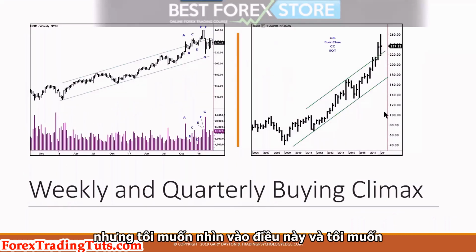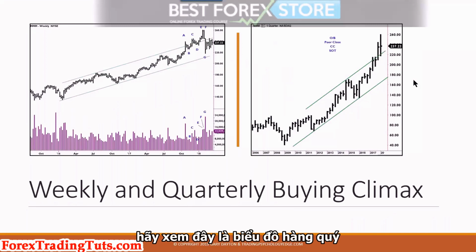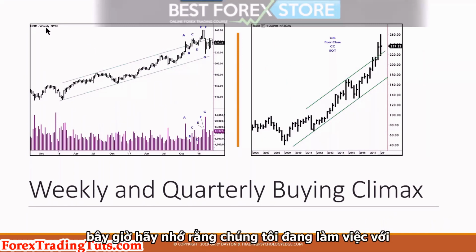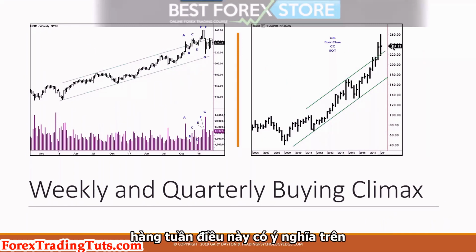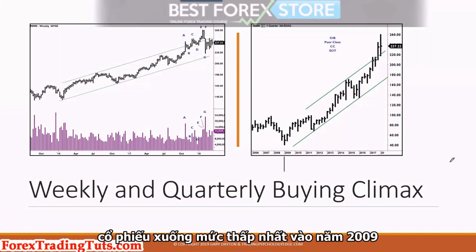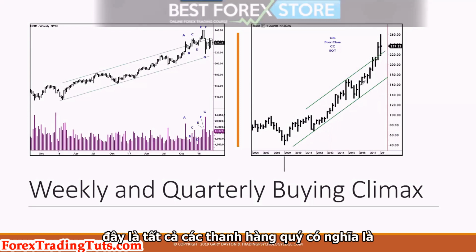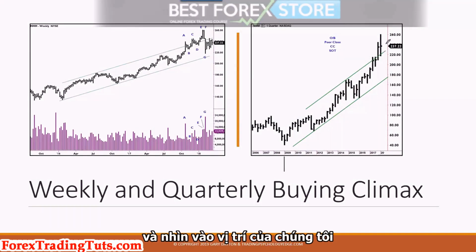But I want to take a look at this. This is a quarterly chart now. Remember, we're working off of the weekly. Does this make sense on the quarterly? Well, we're overbought. This goes all the way back for this stock to the low at 2009. These are all quarterly bars, meaning there's 3 months in each bar. Okay, and look at where we are. And these are identical now, right here.